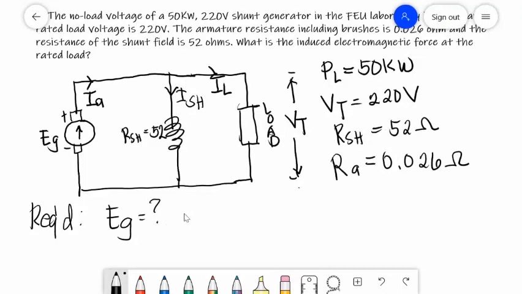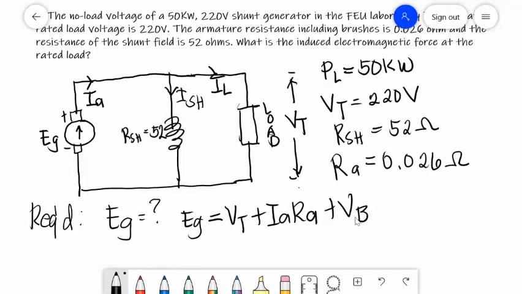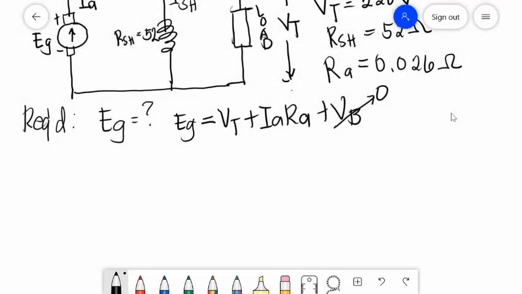Our working equation here, EG will be equal to, since this is a shunt generator, Vt plus the drop in armature plus the drop in brush. But the drop in brush is already included in the armature resistance, so we will equate this equal to 0. Unknown here is the IA. How will we solve IA in shunt generator?